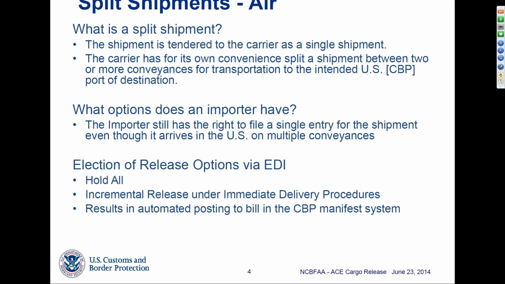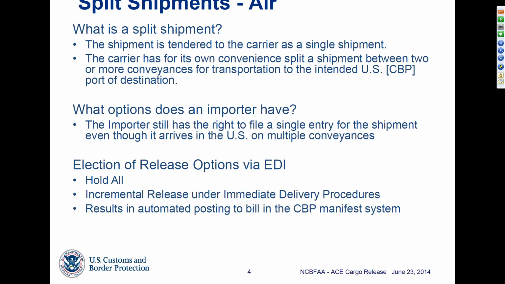The CBP system can also monitor and add up the different parts of the shipment until all of the manifested bill has been wheels up, and will immediately send a release to all parts of the shipment.